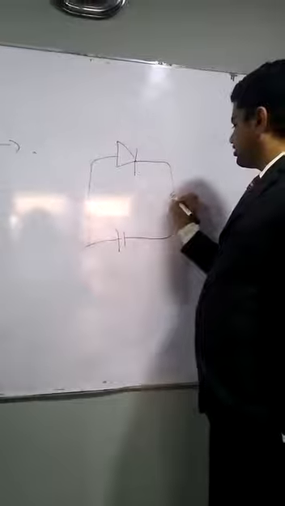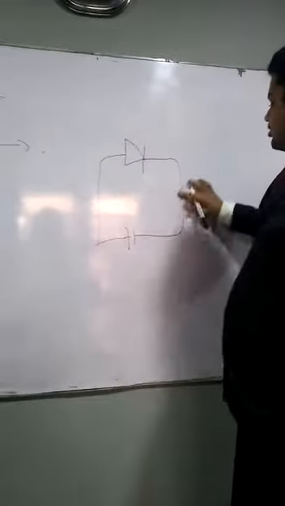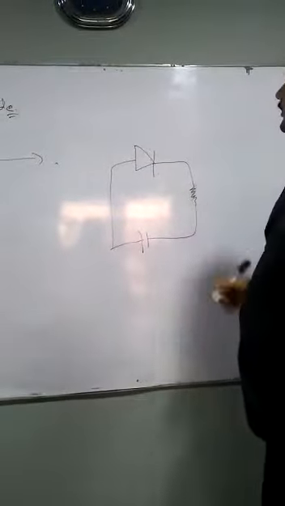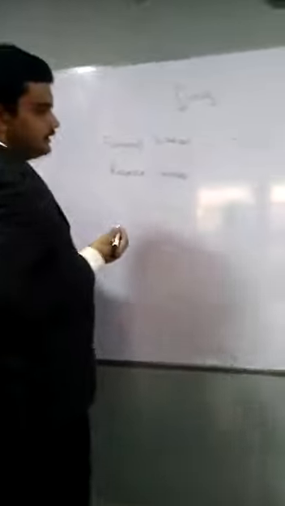For the case of forward bias, how do we have to connect the diode? Let's see.